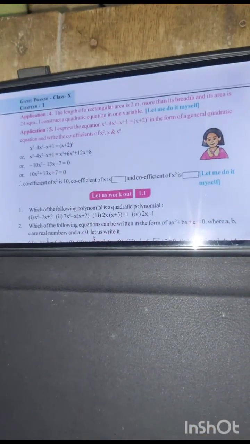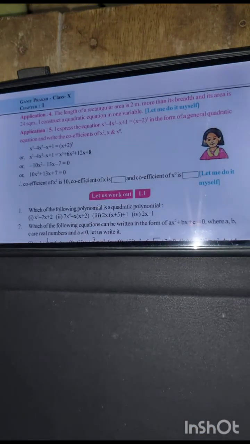Question number 1, you can see it says, which of the following polynomial is a quadratic polynomial? In a quadratic polynomial, we must have the highest power of x. The highest power of x should be 2.